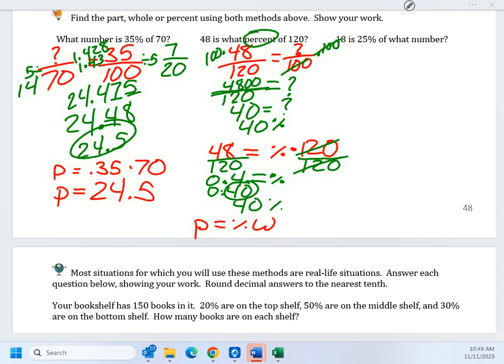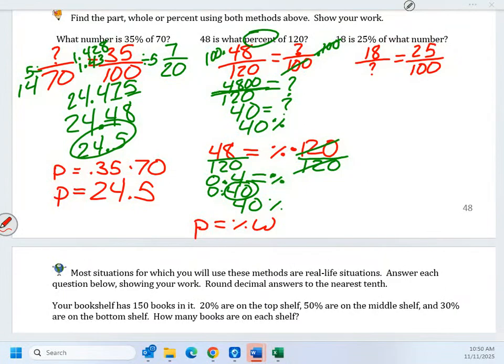Last one. 18 is 25% of what number? How do I set up my proportion? Elliot? You do 18 over question mark equals 25. Now, this one has my question mark on the bottom. I want my question mark on the top.